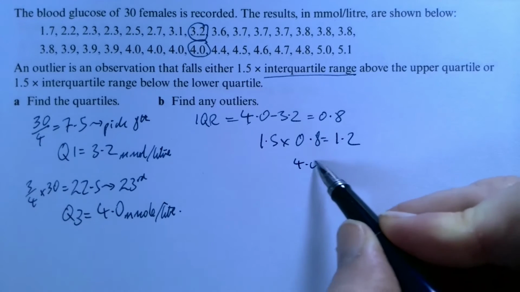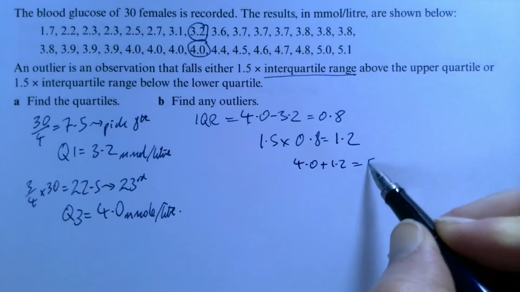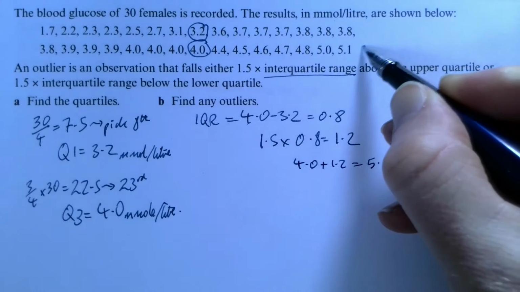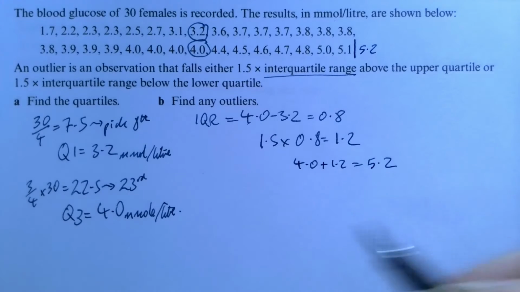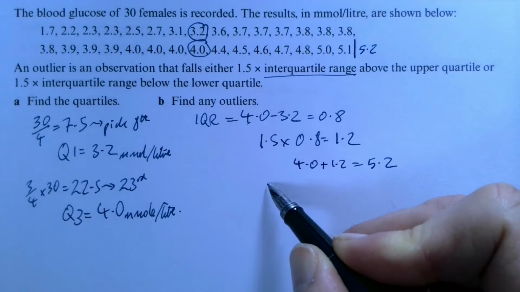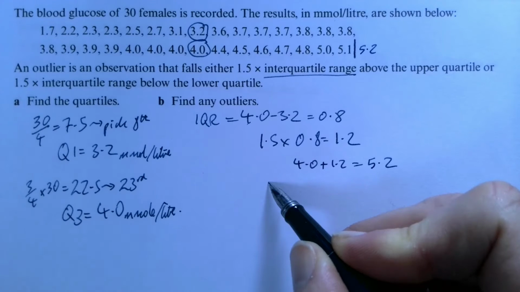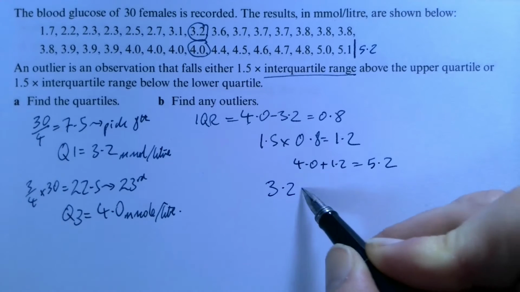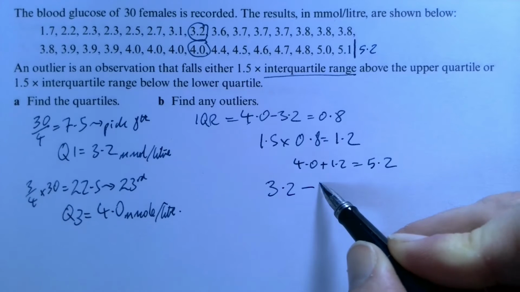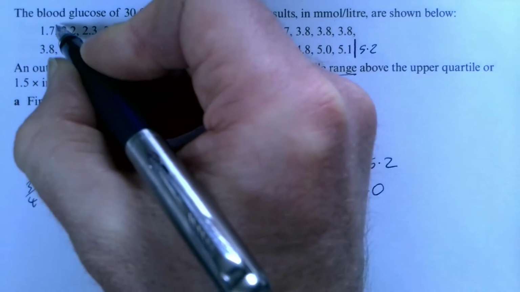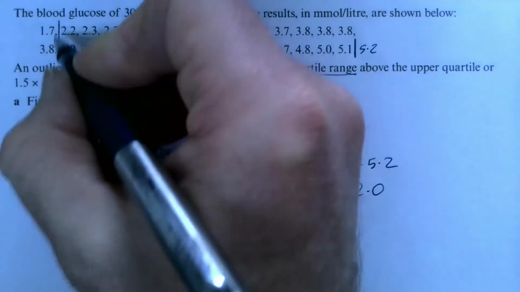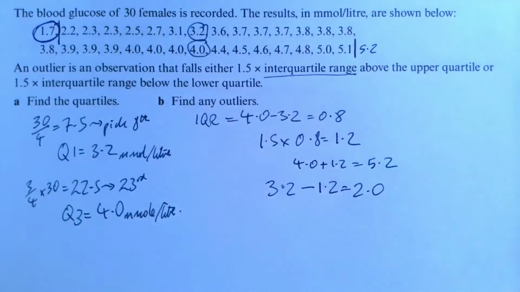So 4.0 plus 1.2 is 5.2. So 5.2 is here. So everything is okay there. And if I do the lower quartile, which is 3.2, and take 1.5 interquartile ranges away, I get down to 2.0. Now 2.0 is just there. So that means that that chappie there, 1.7, is an outlier.